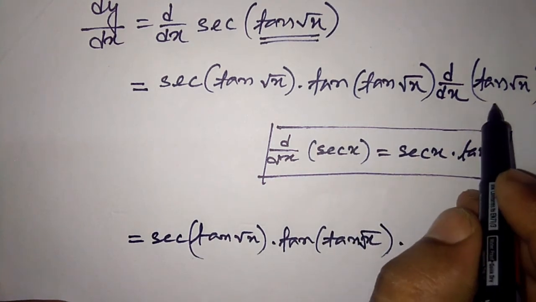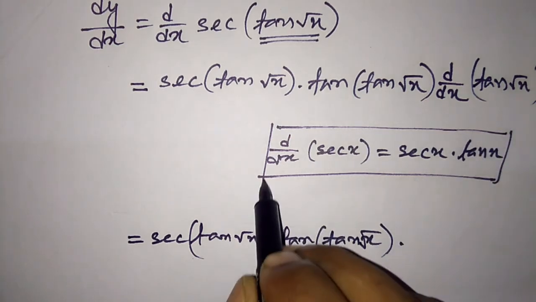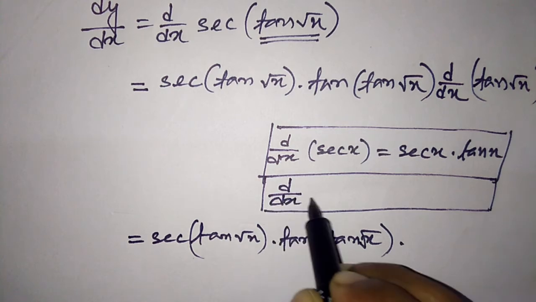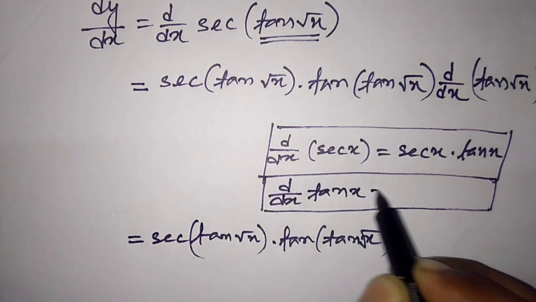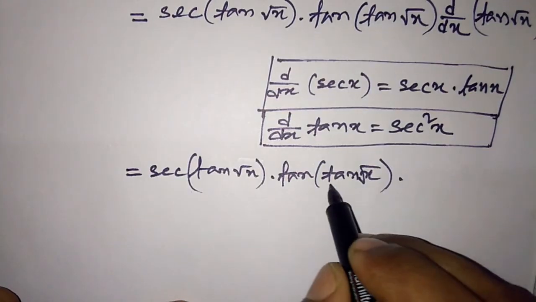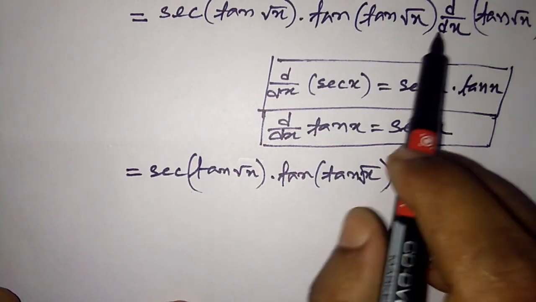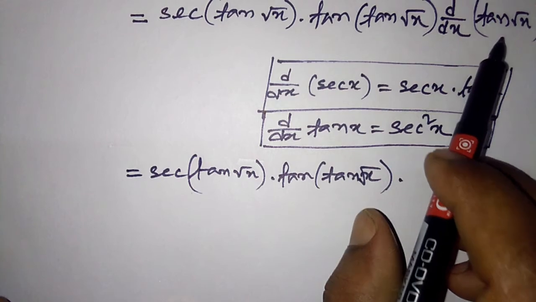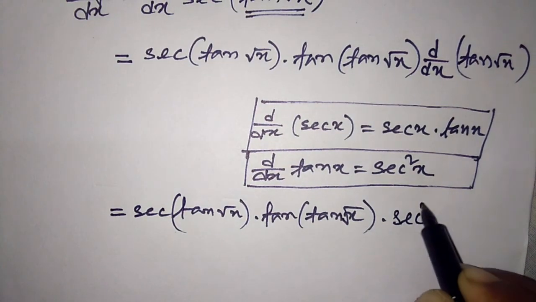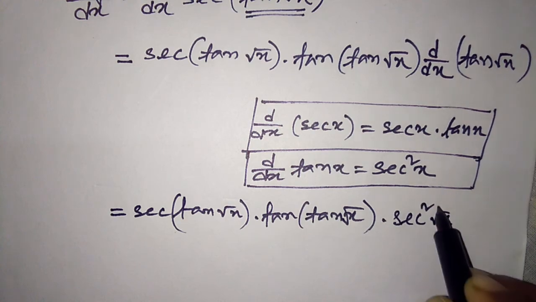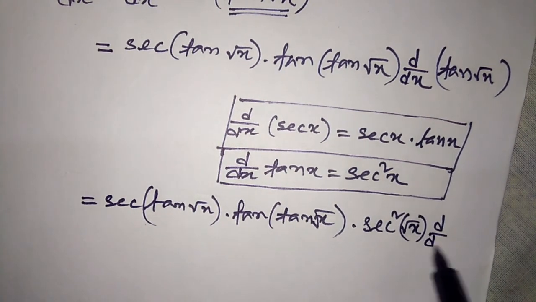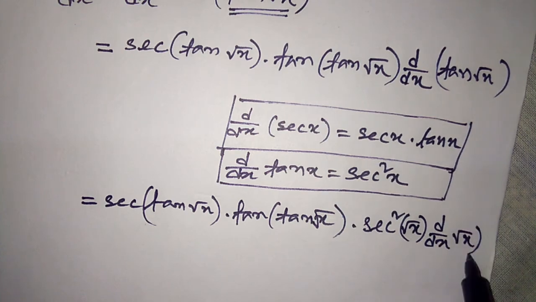So here see the derivative of tan root x. Here you see again another formula, that d/dx of tan x is sec square x. So tan root x, its derivative d/dx of tan root x will be sec square root x, but here it's root x, so d/dx of root x.